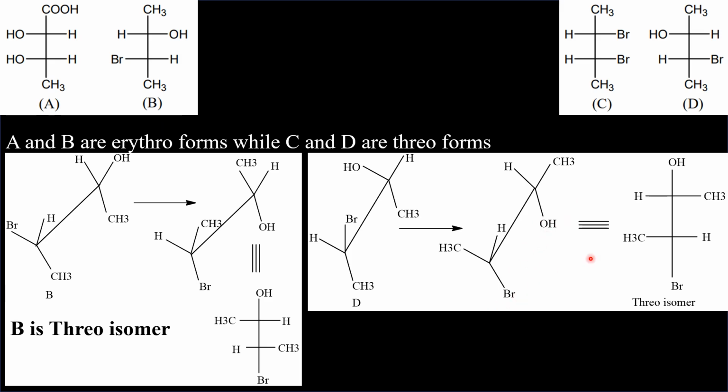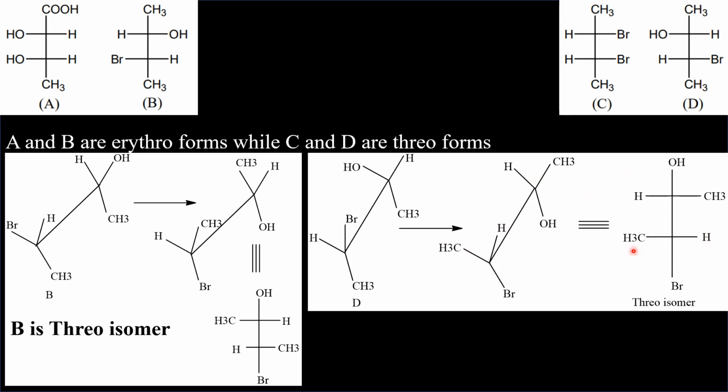The down groups should be kept at the top and bottom of the Fischer projection. So draw a straight line. This bottom group should be kept here, and this bottom group at the backside carbon should be kept at the top. And these two groups at the left and right should be shown at the left and right of the Fischer projection. Methyl left, hydrogen right. Hydrogen left, methyl right.